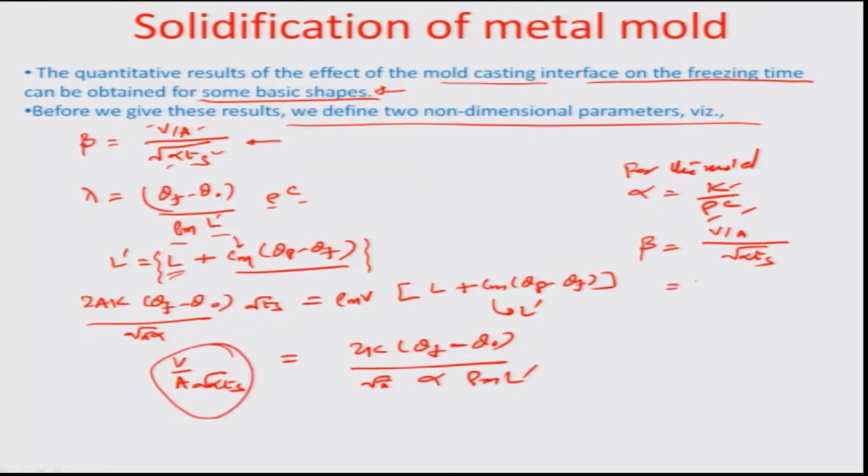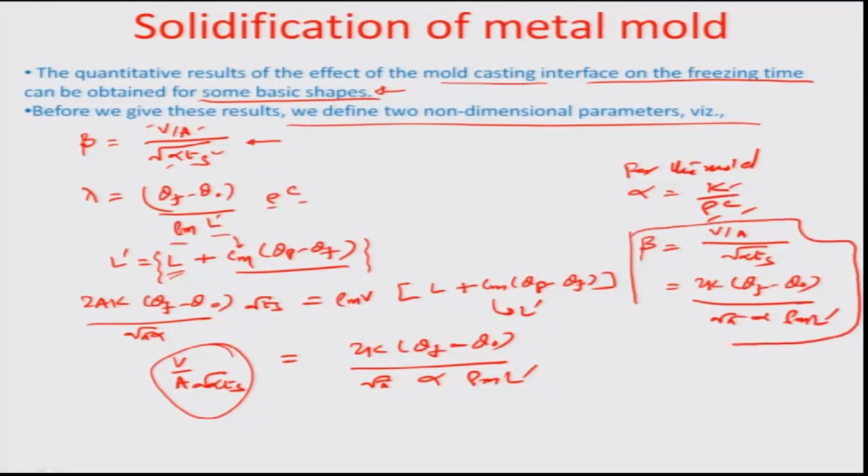So this can be written down as twice K theta f minus theta 0 divided by root of pi alpha rho m L dash. So that is how beta can be defined, and the theta f minus theta 0 by rho m L dash, this whole value times rho C.